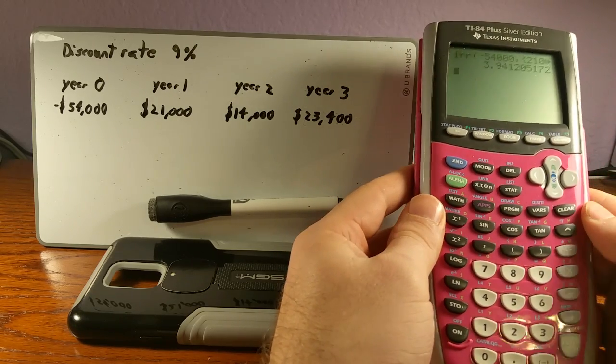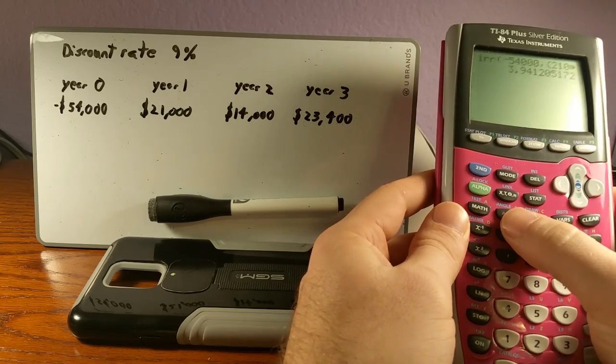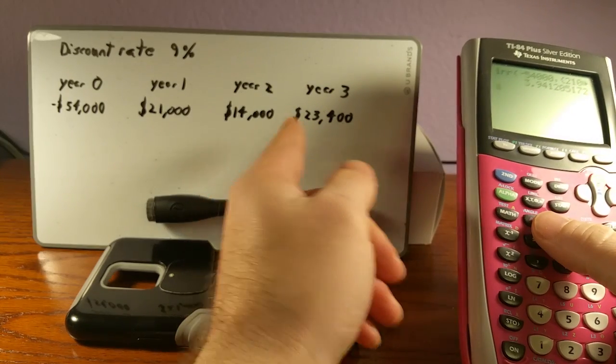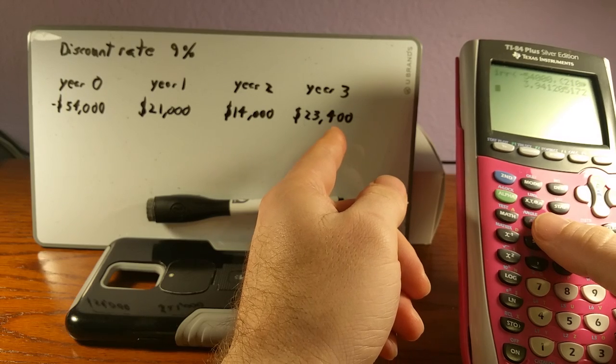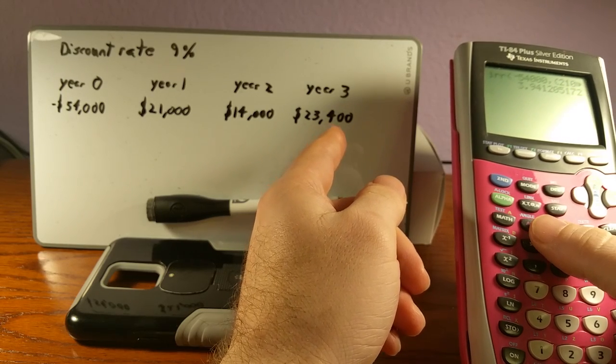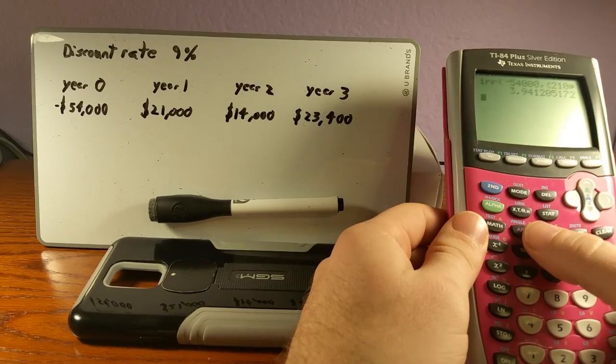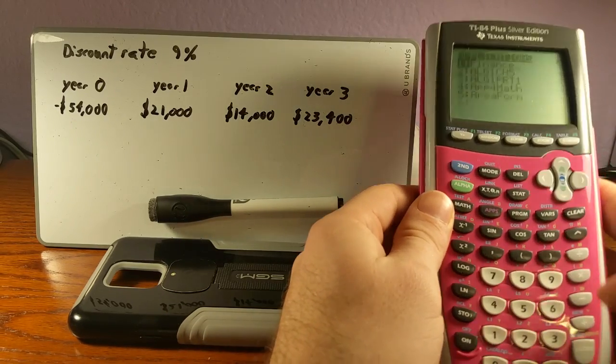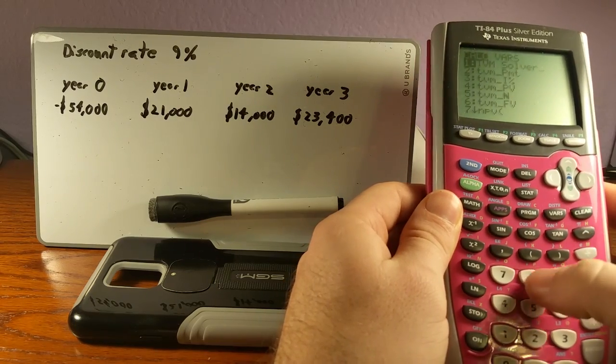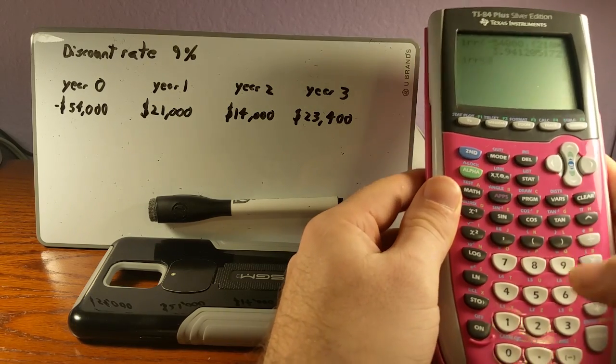All right, so shortcuts. I did promise you that. Let's say that instead of 14,000 and 23,400, for the first 2 years, we're going to do 21,000 on both, and then 23,400. Let's go into our apps here, finance, and internal rate of return.